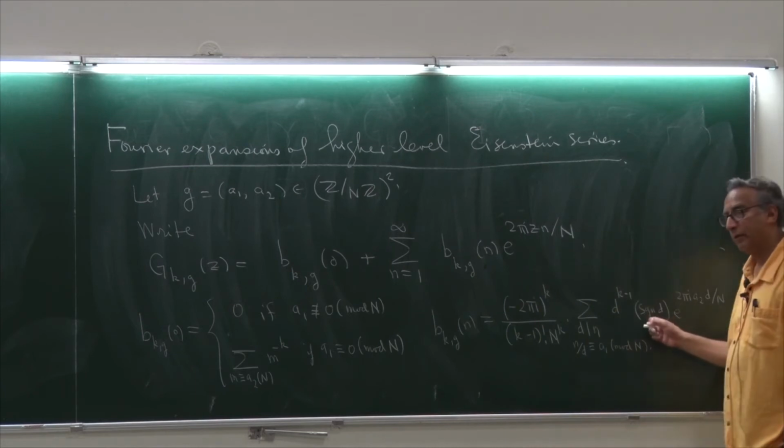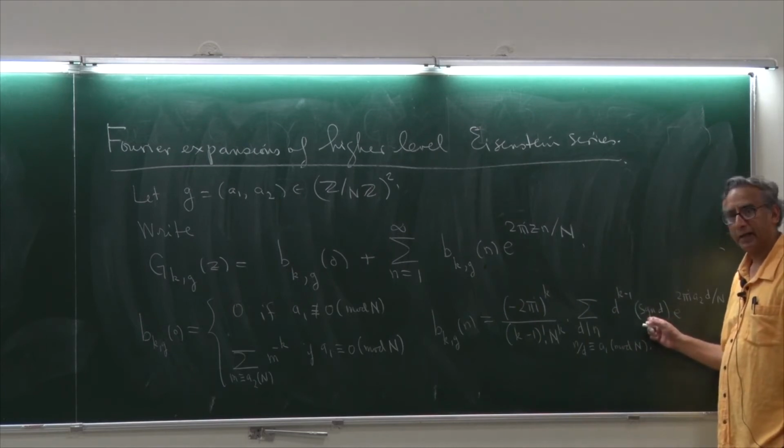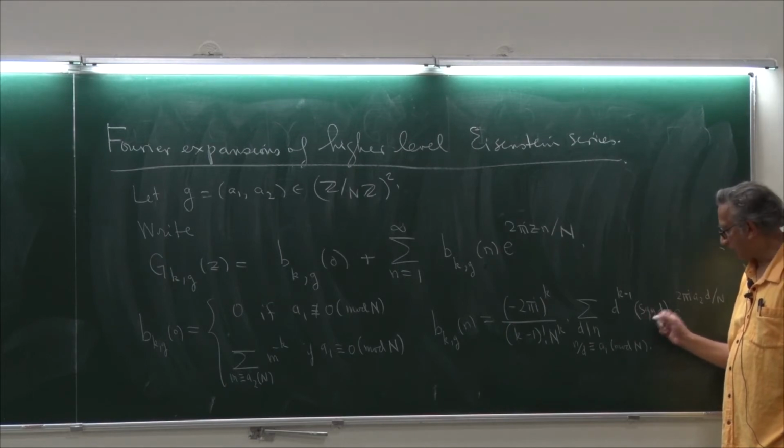So here I'm running over both positive and negative divisors of n. So if it's a negative divisor, the sign will be minus 1. If it's a positive divisor, it will be plus 1.